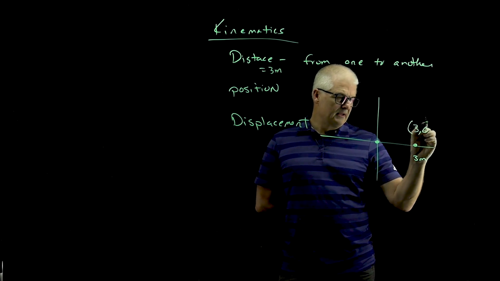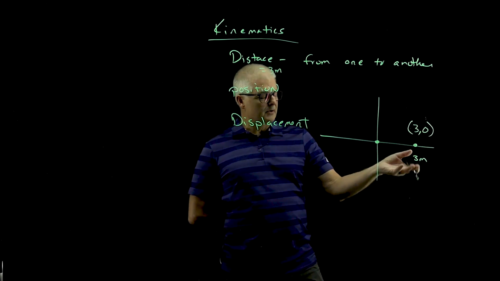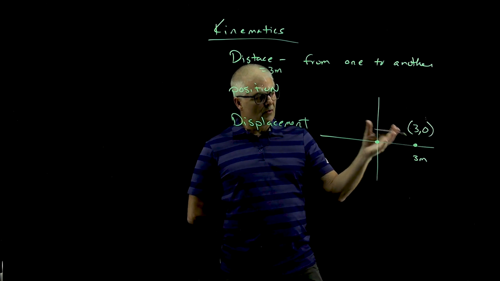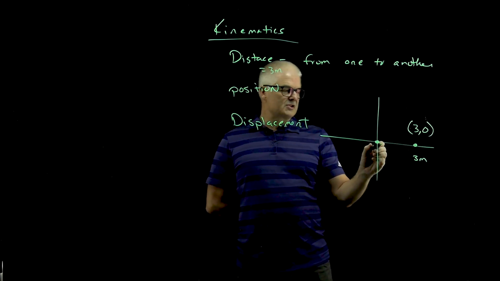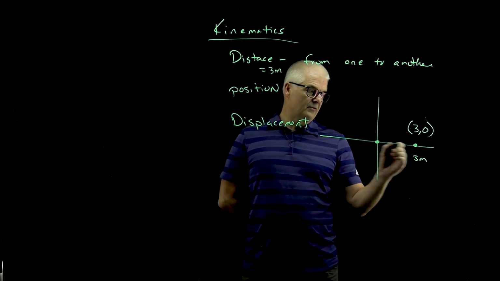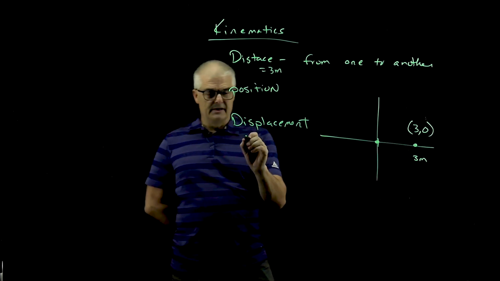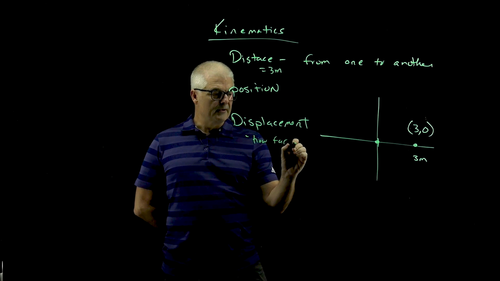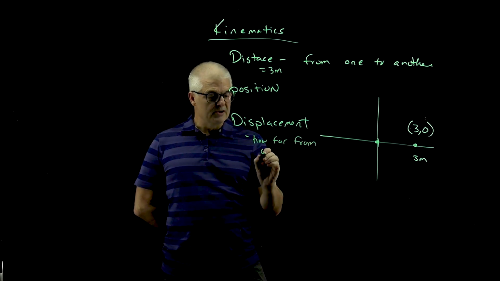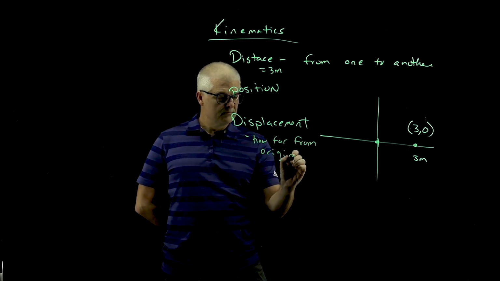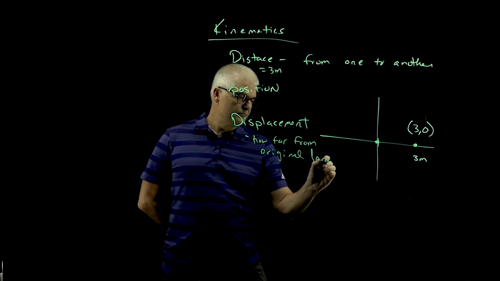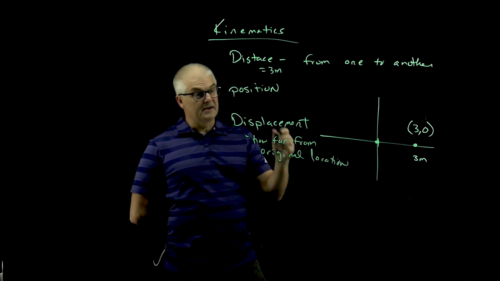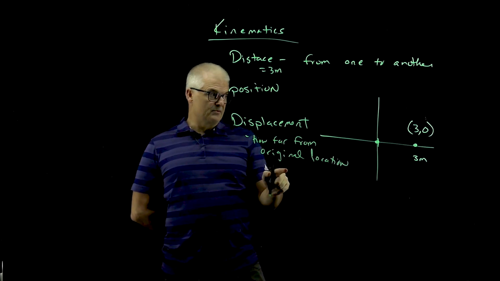They've gone 3 meters in the X direction and 0 meters in the Y direction. And the displacement is 3 meters. Displacement is how far from the origin, or from the original location. In this case, this is 3 meters and this is 3 meters.